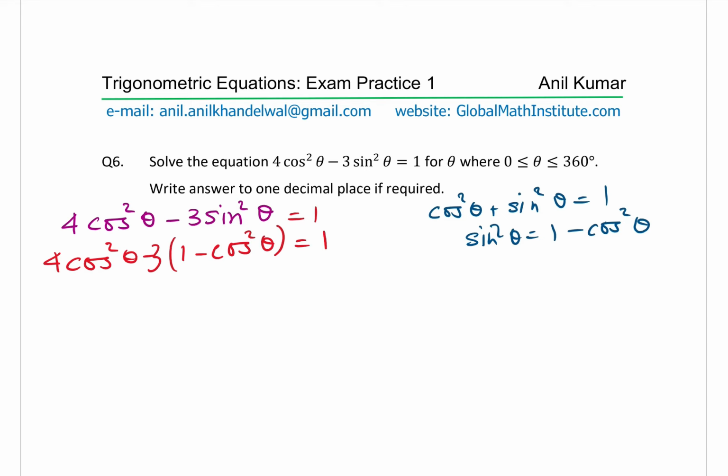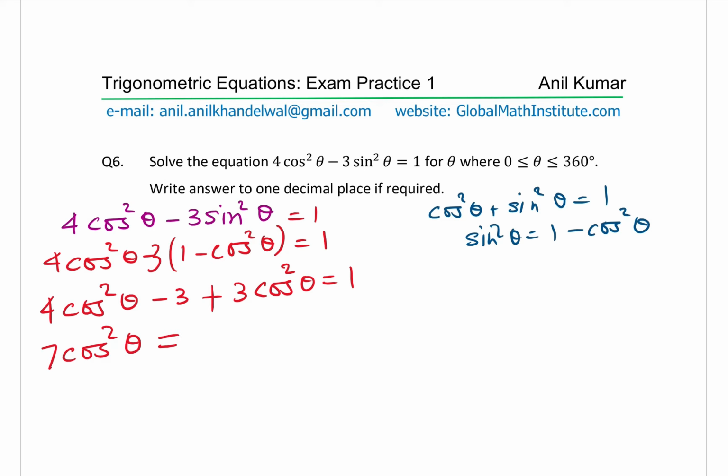So what we get here is 4 cos square theta minus 3, and minus becomes plus 3 cos square theta equals 1. So that is 7 cos square theta equals 1 plus 3, which is 4.